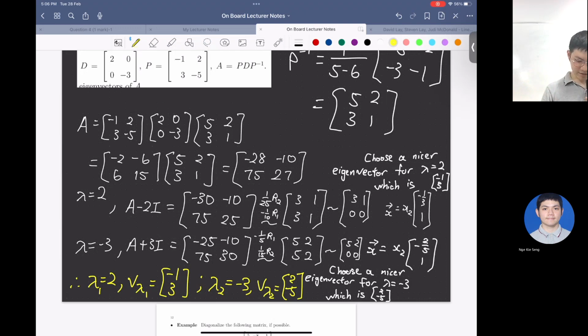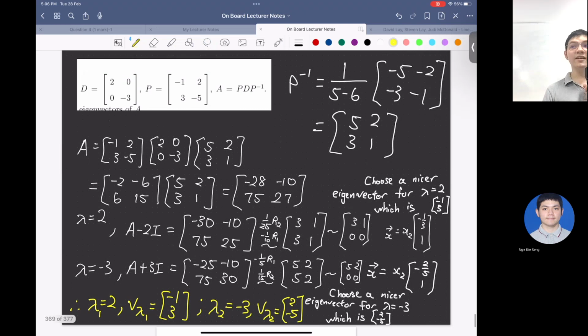So do you notice anything? Vanya, you see anything? The columns form the P. So the columns of P are actually the eigenvectors of your matrix.